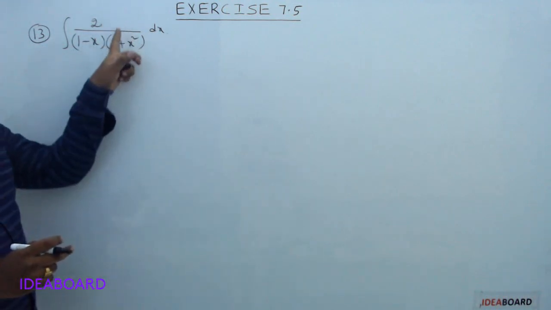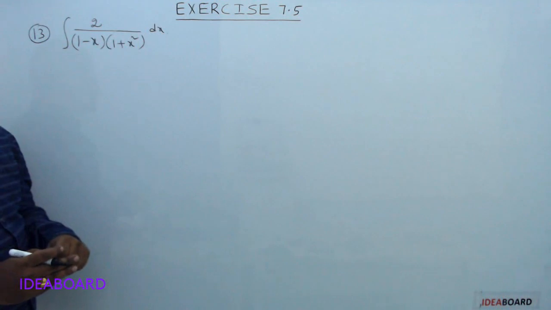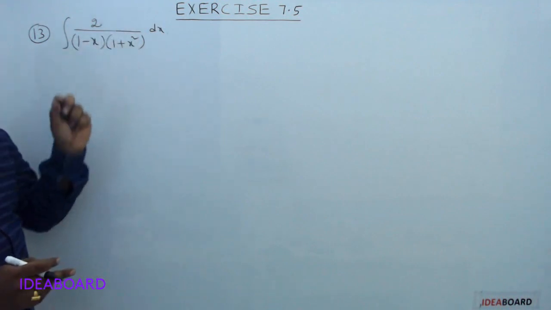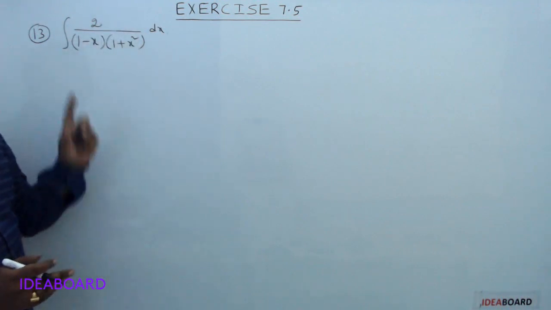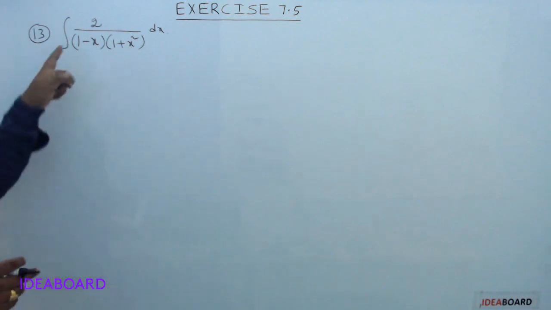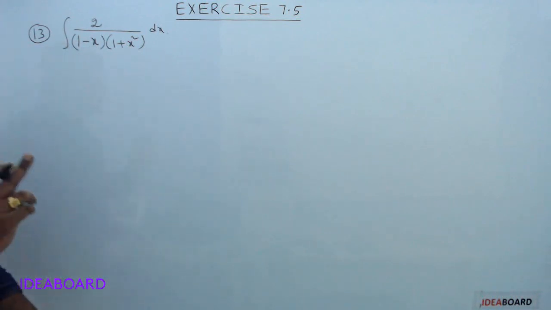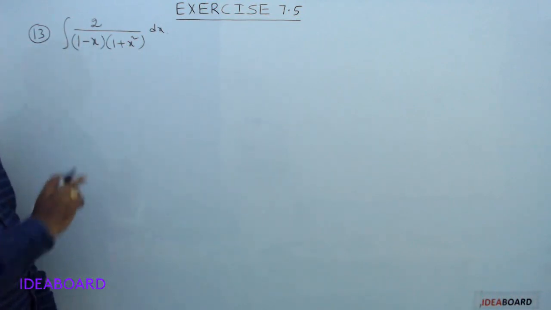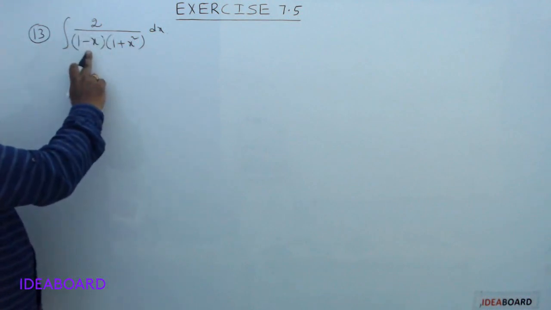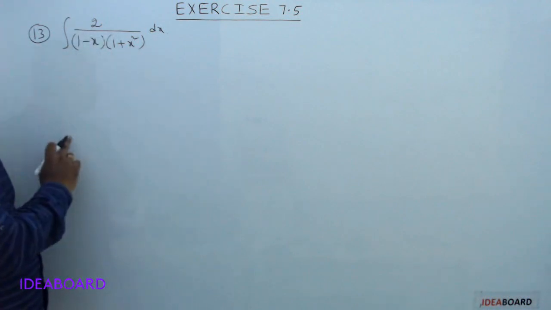So the degree of the numerator is less than the degree of the denominator, so it is a proper fraction. Then come to the denominator. 1 minus x is a linear factor, in particular a non-repeated linear factor.